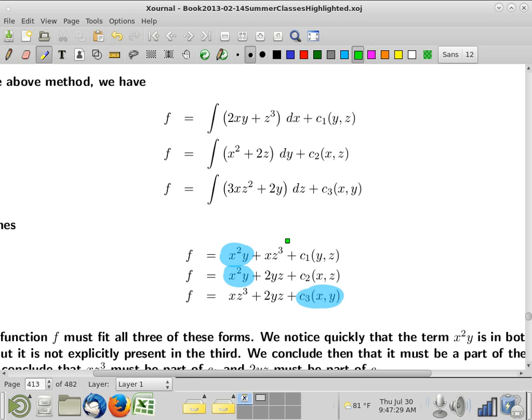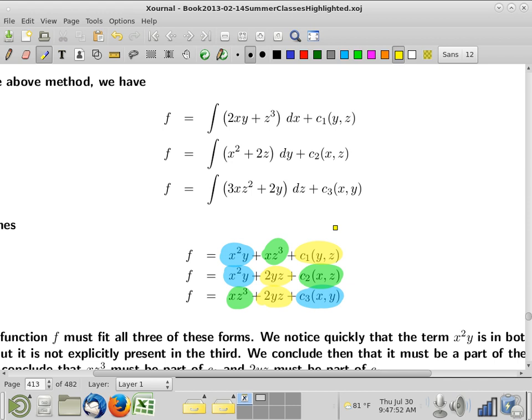Ditto for xz cubed. There's no xz cubed in here, but it could be xz cubed there. And that's fine. And then finally, 2yz, 2yz. Well, there's no 2yz over here, but 2yz would be perfectly happy there.